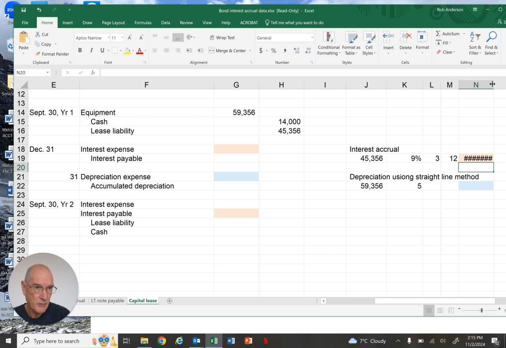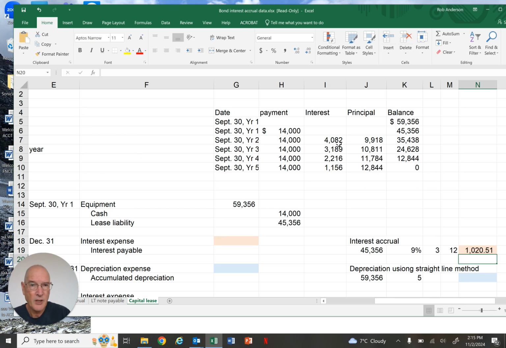And I'm going to turn up this column a little bit. There. So that's 1,020 and 51, and that is September 30 to December 31. Now what I'd like to do is point your attention to this amortization table.